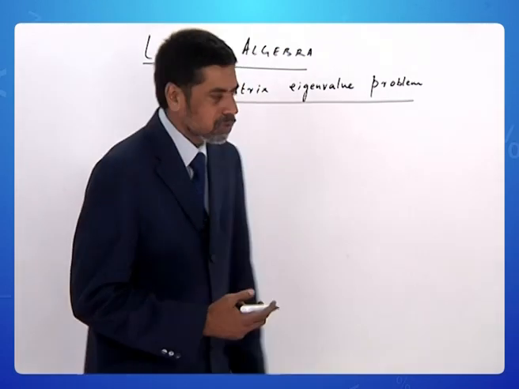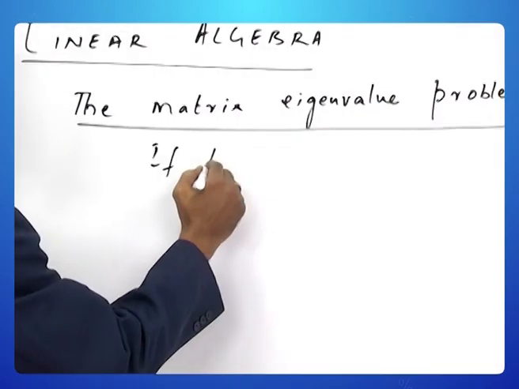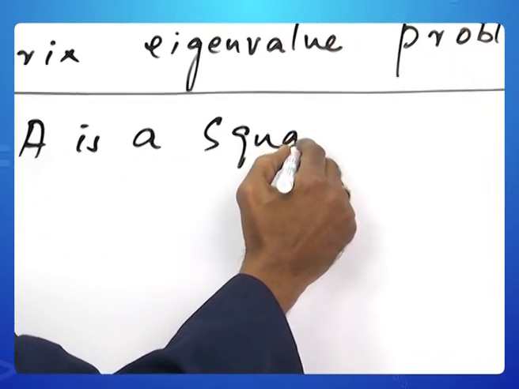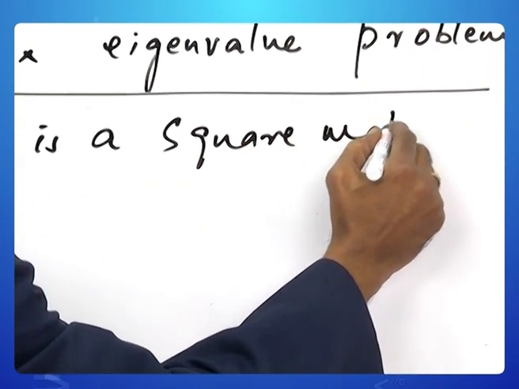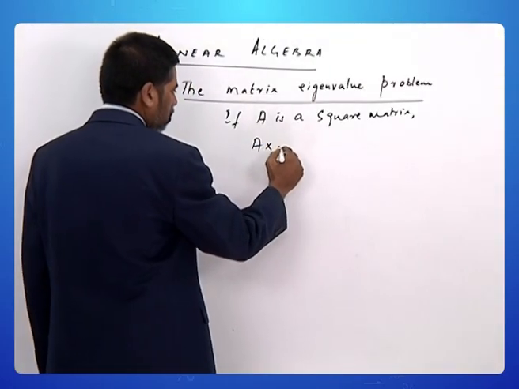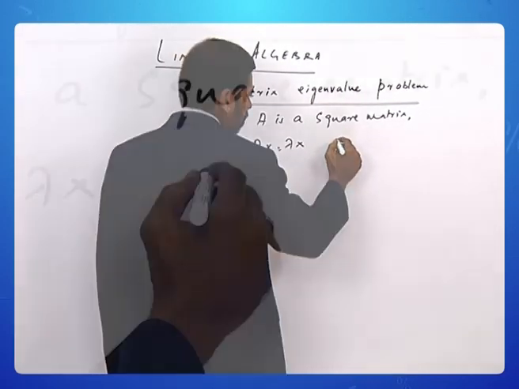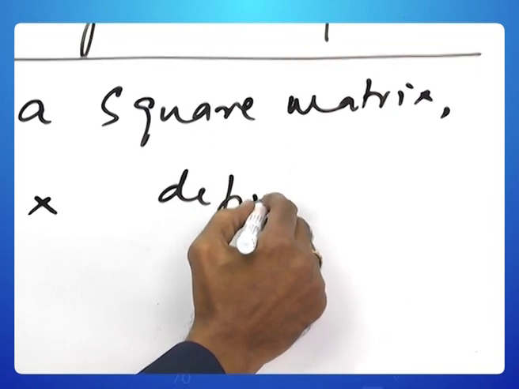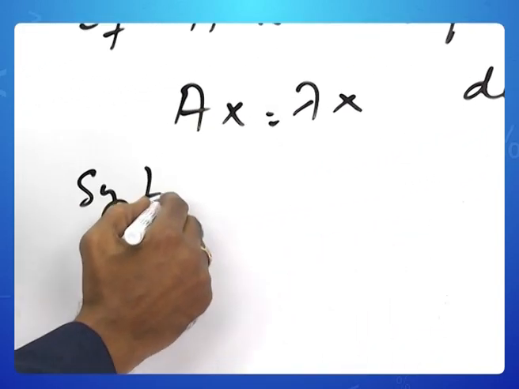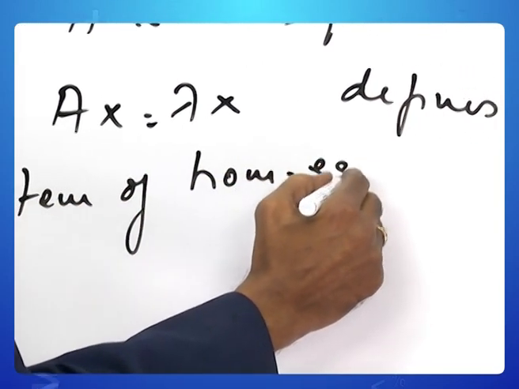All of us know that if A is a square matrix, the equation Ax is equal to lambda x defines a system of homogeneous equations.